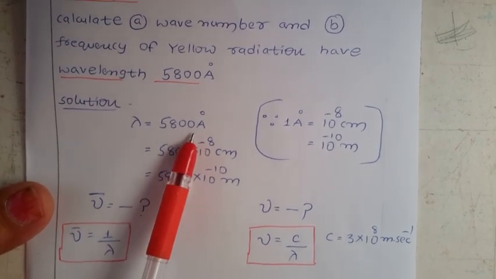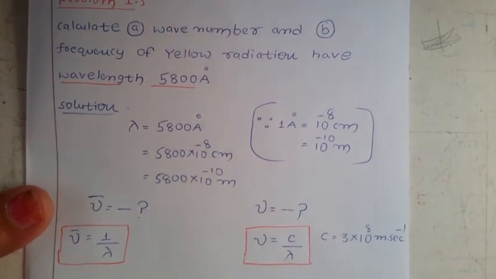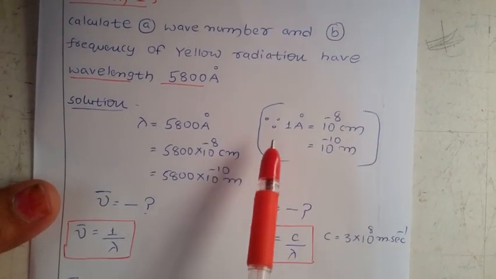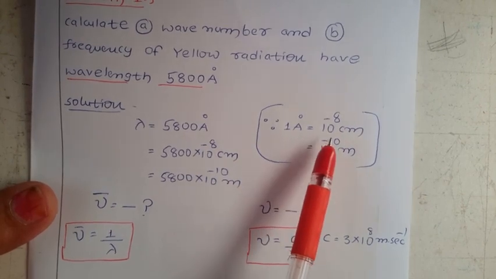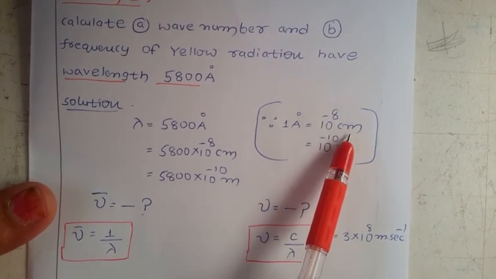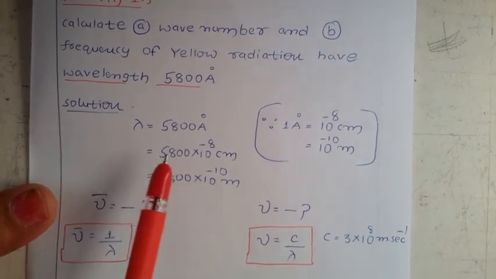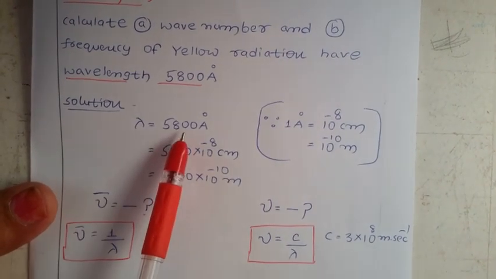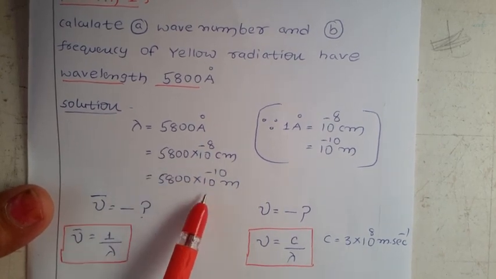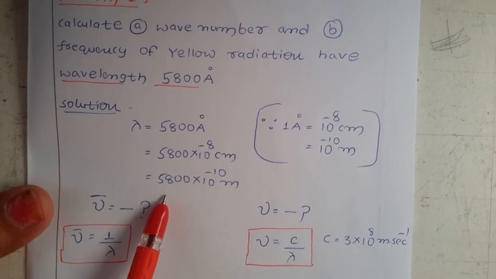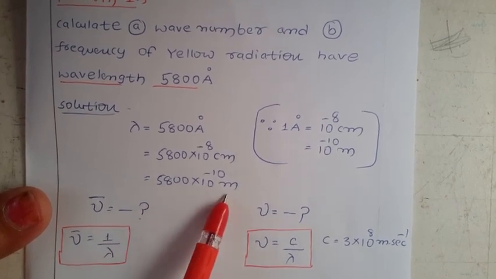So first we have to convert these angstroms into meters. We already have the unit conversion: 1 angstrom equals 10^-8 centimeters, or 10^-10 meters. That value we converted from centimeters to meters. Now lambda equals 5800 × 10^-10 meters.